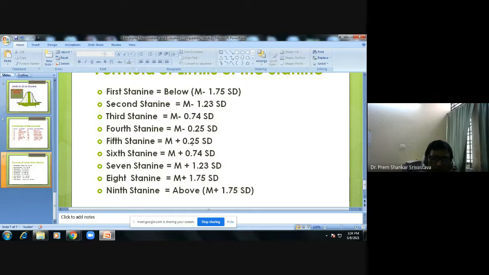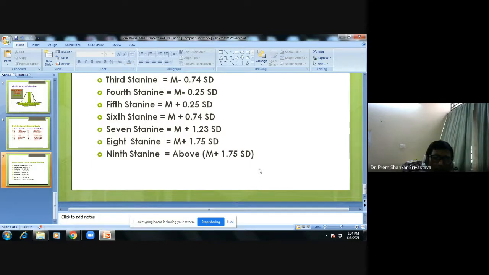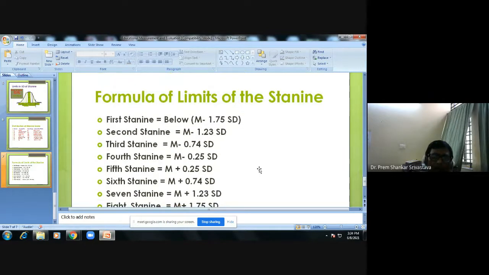This is the maximum. And the ninth is M plus 1.75. This is the formula for finding the limits and intervals of the estimate. Thank you.